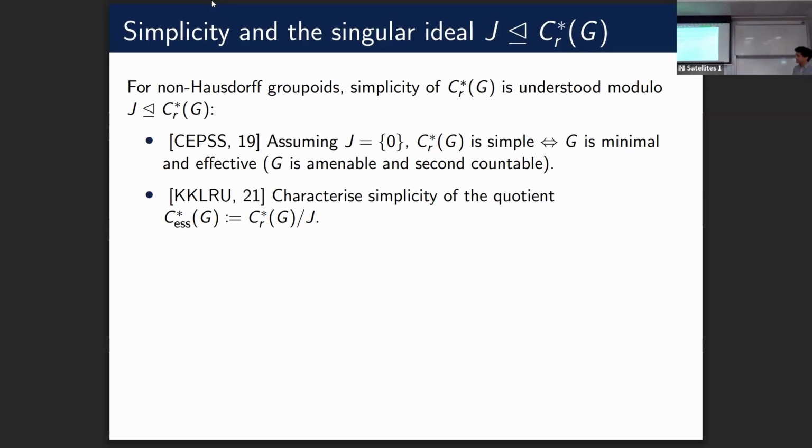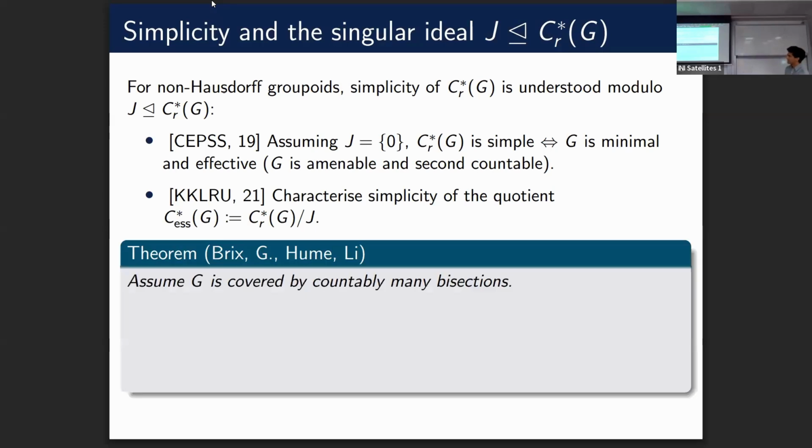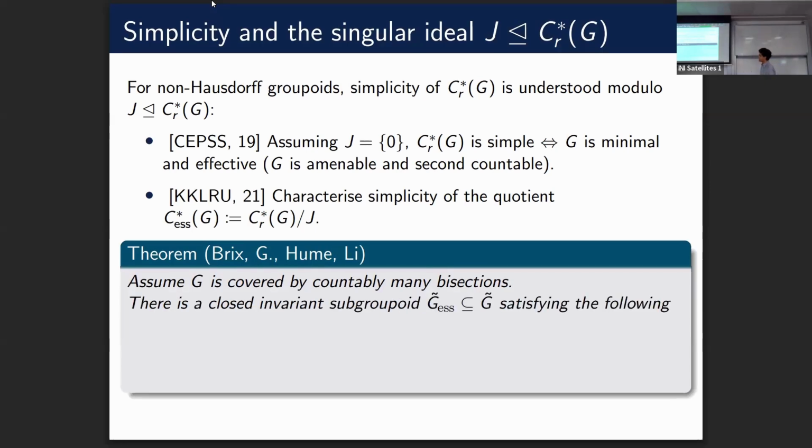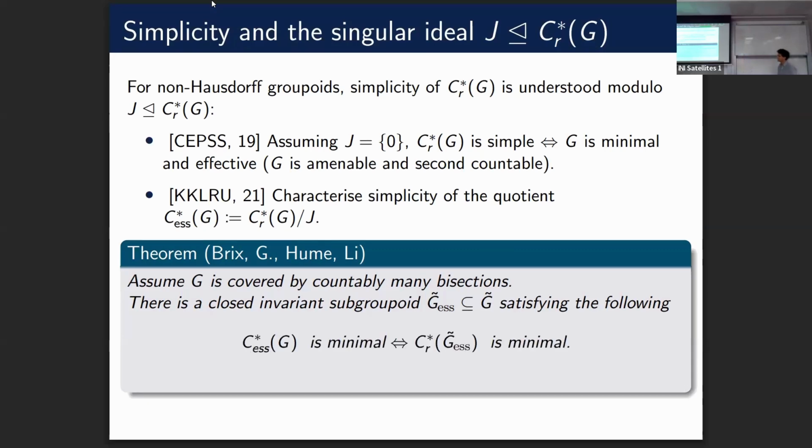Oh, sorry, there's one more theorem to mention. We've also contributed to this now using this Hausdorff cover groupoid. So if we assume that G is covered by countably many bisections, then there exists some closed invariant subgroupoid of this Hausdorff cover. I won't define what this is, but what's important is it's still a Hausdorff étale groupoid, and it satisfies the following property.